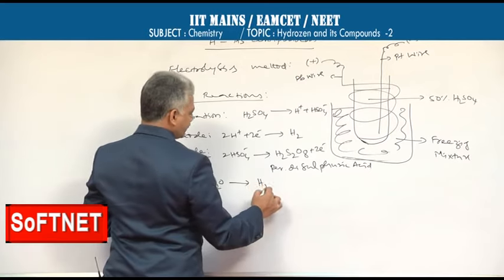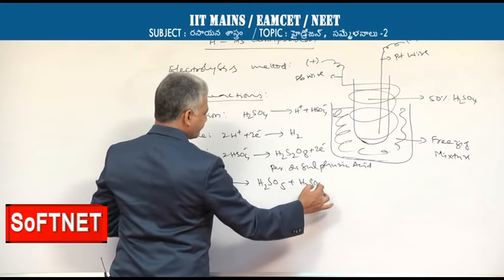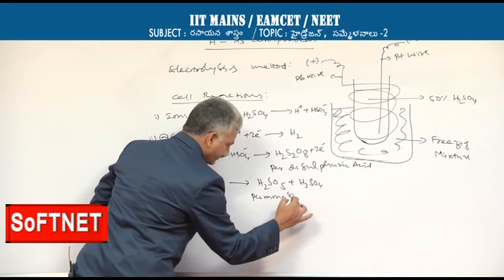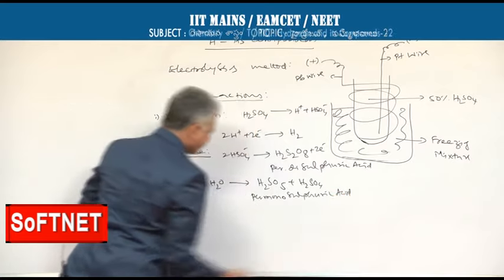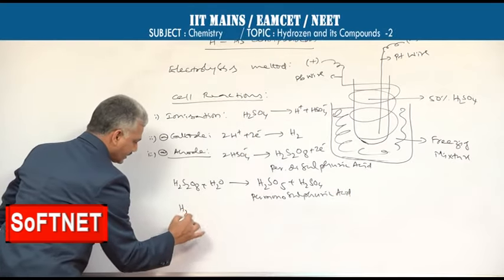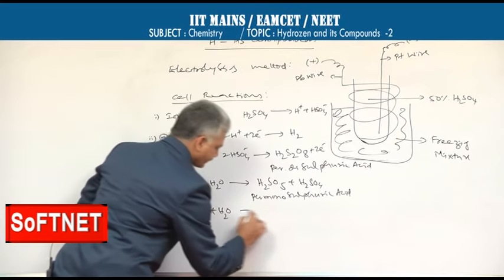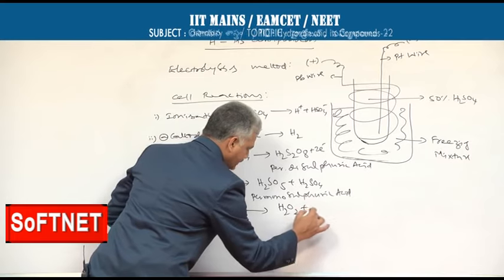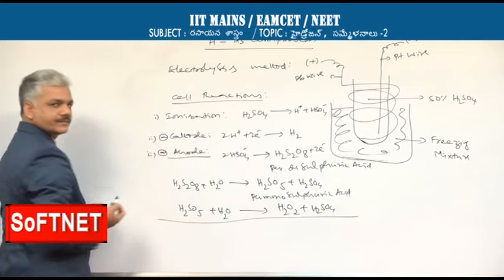First, it is converted into H2SO5 known as per monosulfuric acid. In the next stage, that per monosulfuric acid further hydrolyzes to give hydrogen peroxide and sulfuric acid.